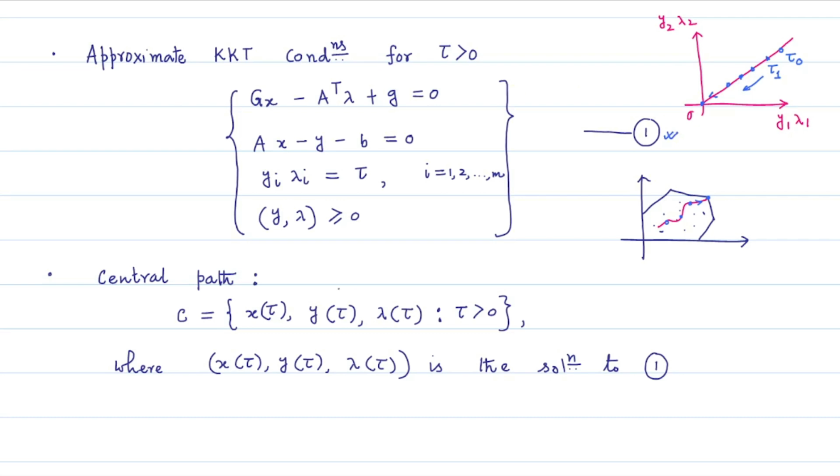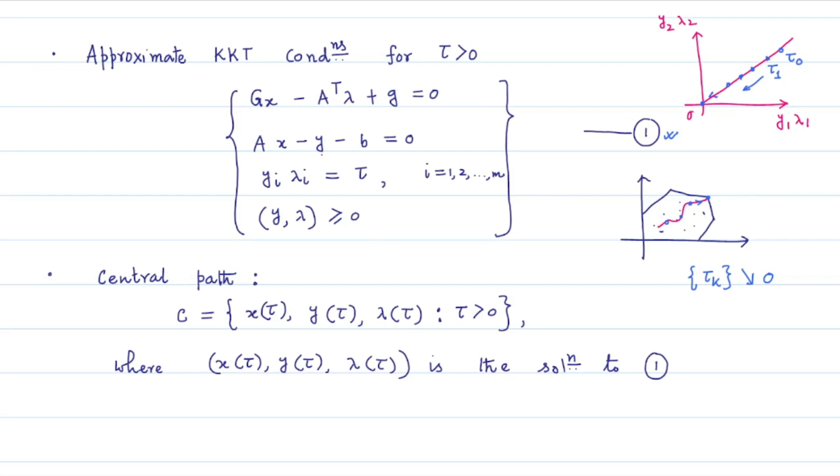You find x tau, y tau, lambda tau. Accordingly, in the feasible set, you are approaching the solution. So the idea here is that you generate a sequence tau k which decreases to 0, and accordingly you find solutions of these approximate KKT conditions, and in the limiting case you reach a point that gives us a KKT point.